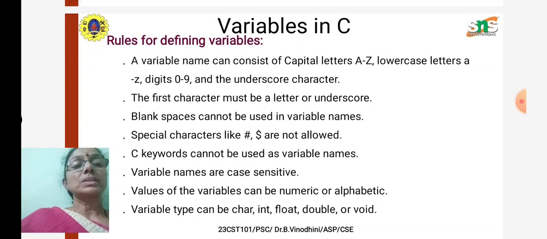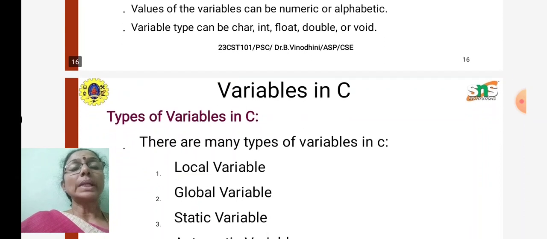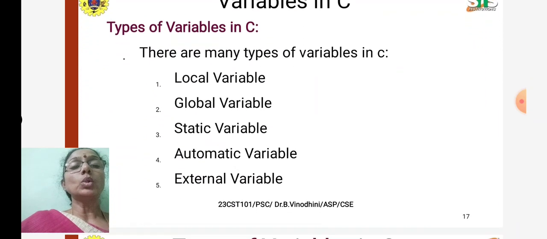It is case sensitive. What are the variable types? int, float, long int and void. Like identifiers, the types of variables are local, global, static, automatic and external variables.